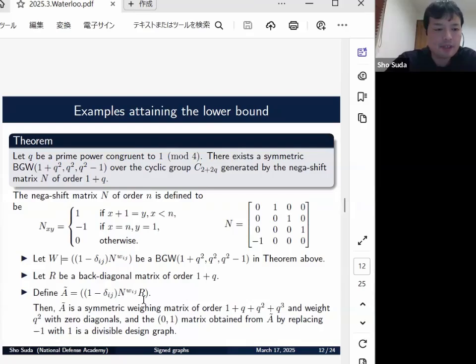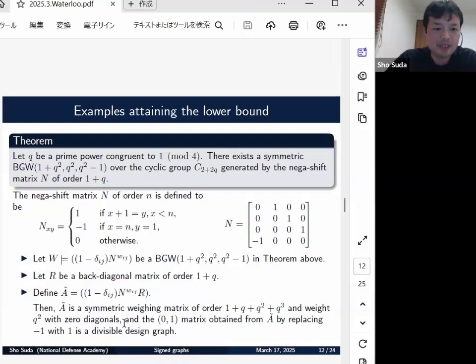Then it's routinely proven that this matrix A tilde, the 0, 1, minus 1 matrix with zero diagonals, and symmetric, is also a symmetric rank matrix of some order and weight.